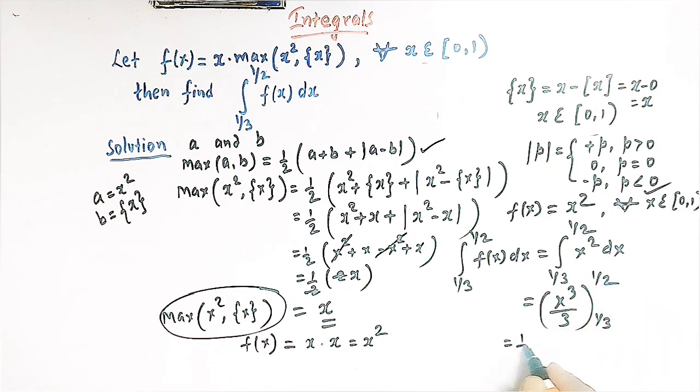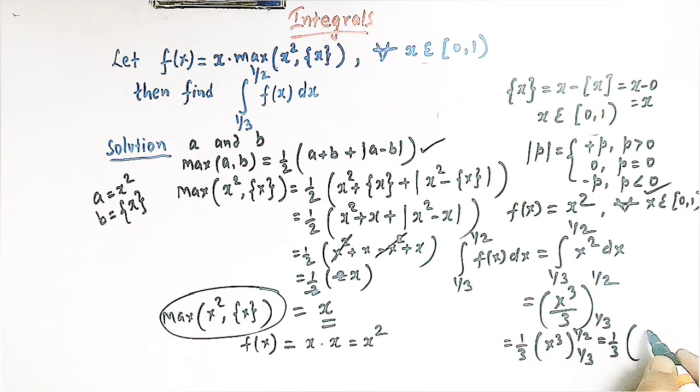So taking a 1 by 3 outside, then we have here simply x cube from 1 by 3 to 1 over 2, and substituting the limits and taking the difference, we have 1 over 2 cube minus 1 over 3 cube, right?